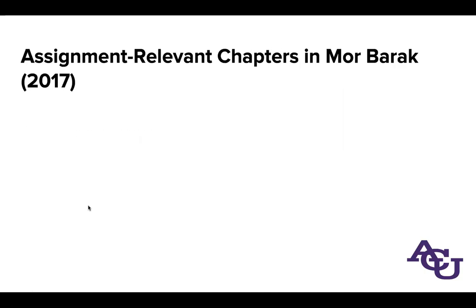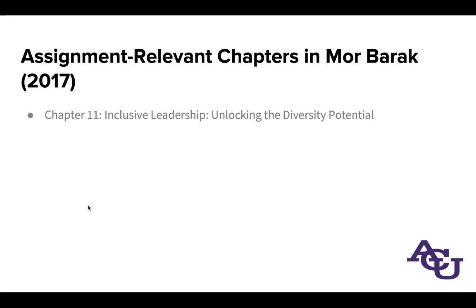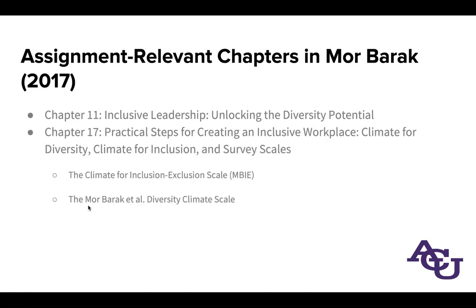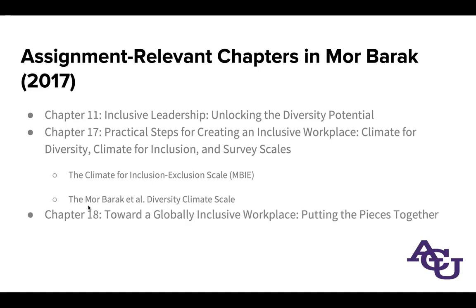So some of those are assignment relevant chapters. Well, let's take a look at them. Chapter 11, that's the chapter on unlocking diversity potential using inclusive leadership. Chapter 17, that is the practical steps for creating an inclusive workplace. A chapter about climate for diversity and inclusion and survey scales, and it specifically mentions 2 scales that can be used to help measure things.